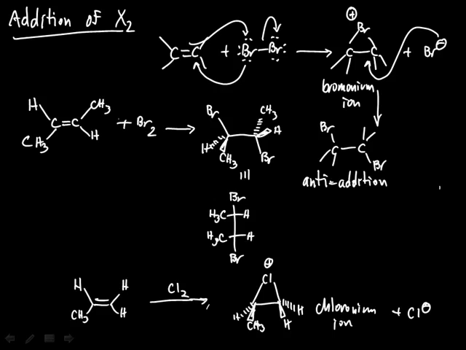And indeed, this is an effect that we see when we perform this reaction in water. Water is used as a solvent in these reactions, and even though it is a weaker nucleophile than Cl- or Br-, its mere concentration is huge because it's used as a solvent.